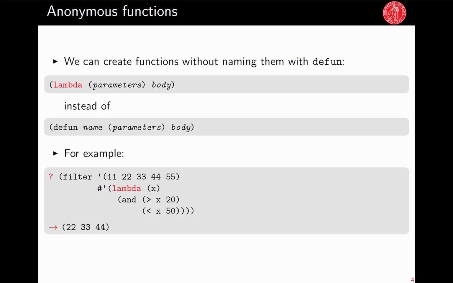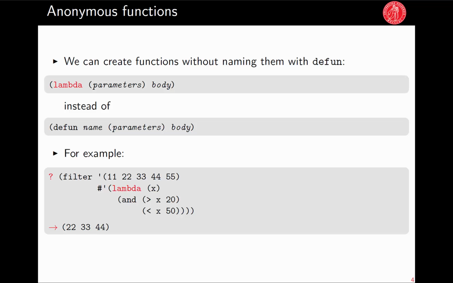If it finds an expression that is not true, it will immediately abort any further evaluation and return nil. In this case, our lambda expression checks whether its argument x is within some given interval, whether it's larger than 20 and smaller than 50.